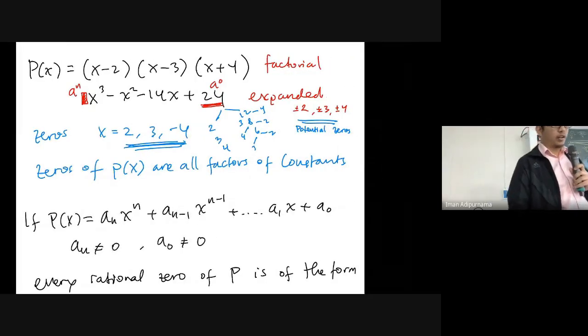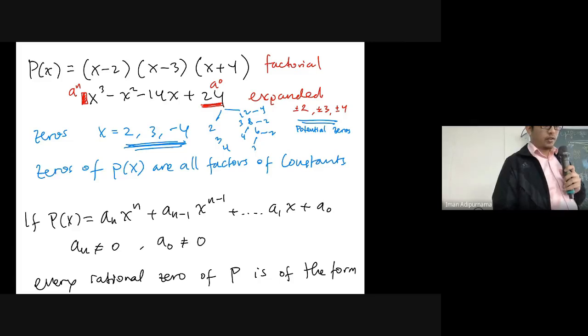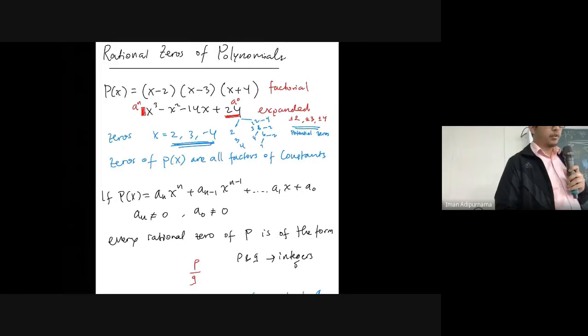We can get a lot of numbers from here: 1, 2, 3, 4, maybe 6, maybe 8, 12, and so on and so forth. You check every possible zero, and eventually you will get the result.